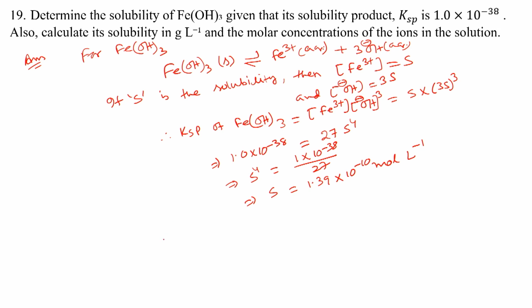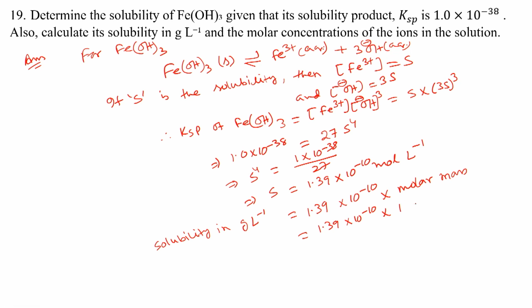So solubility in grams per liter equals 1.39 times 10 to the minus 10 times the molar mass, which is 106.5.